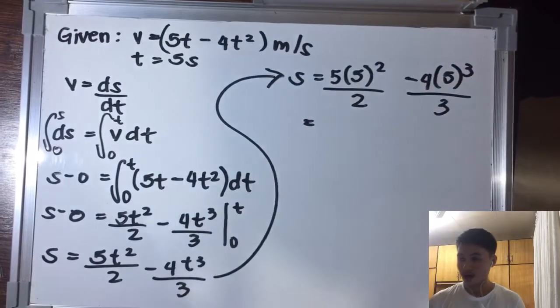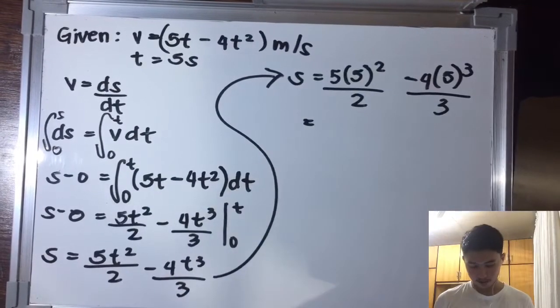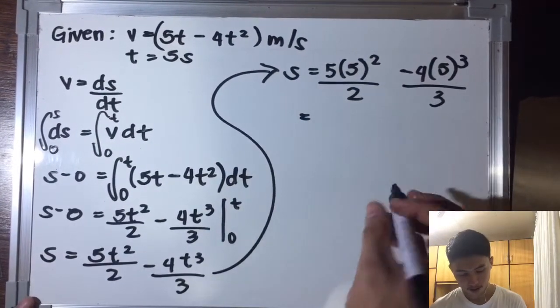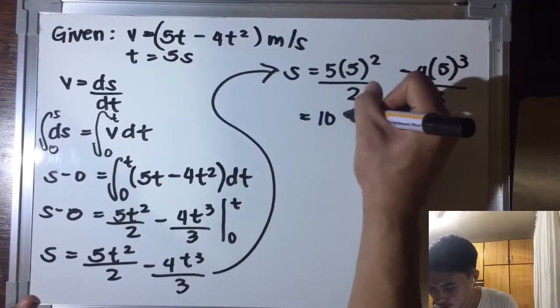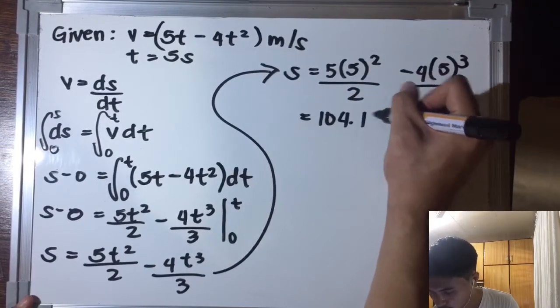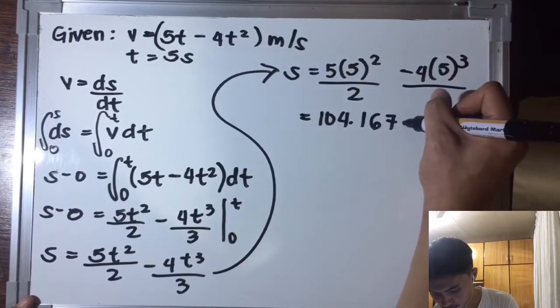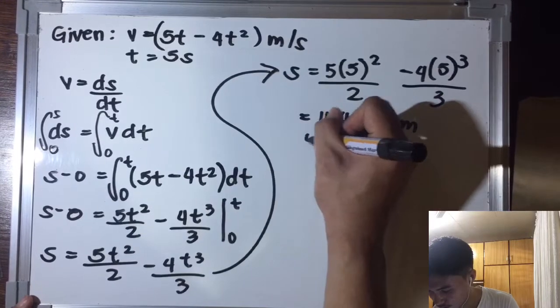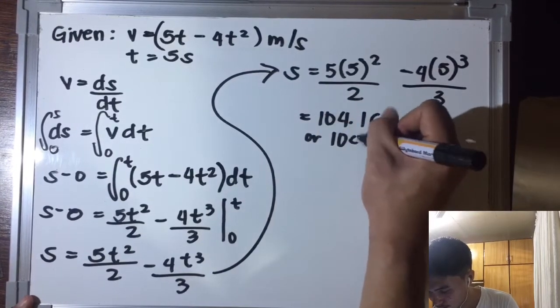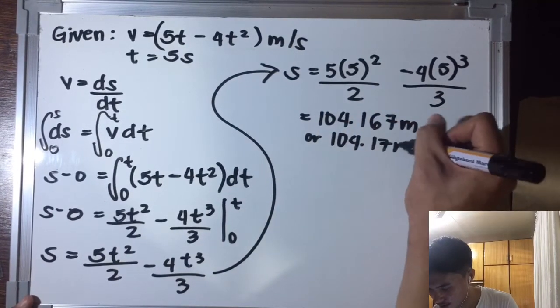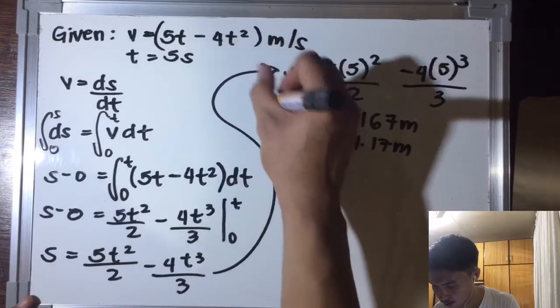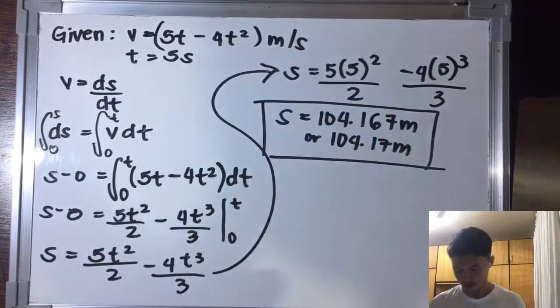Calculating this will give us a value of 104.167 meters, or 104.17 meters. So this is our position.